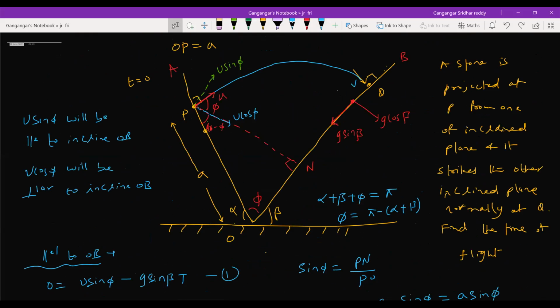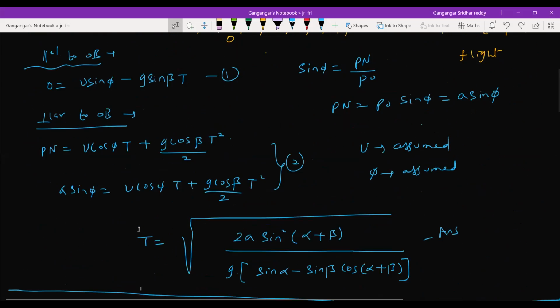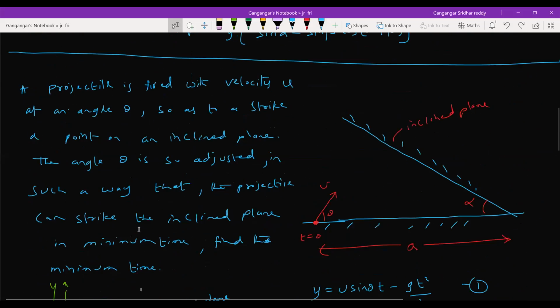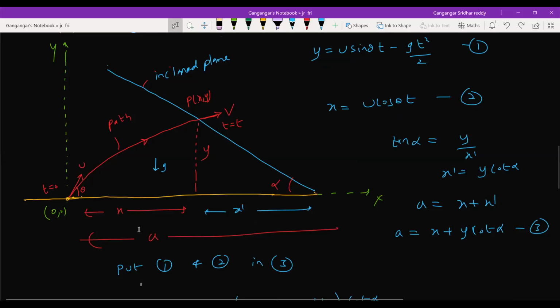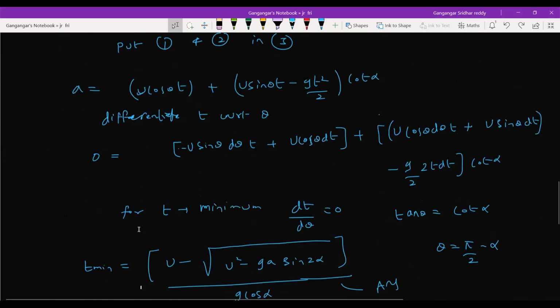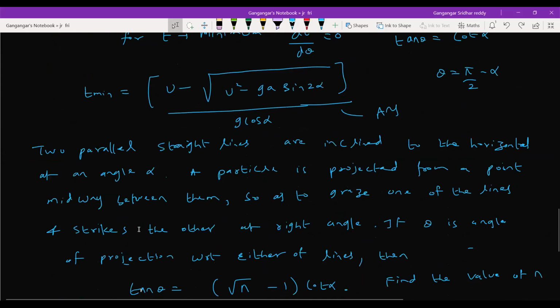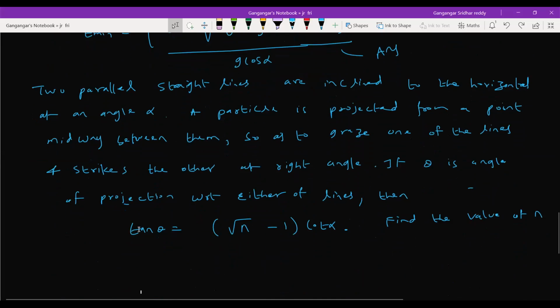Okay, I'll display the question. Read carefully. If you can draw the diagram, no, then you can manage.